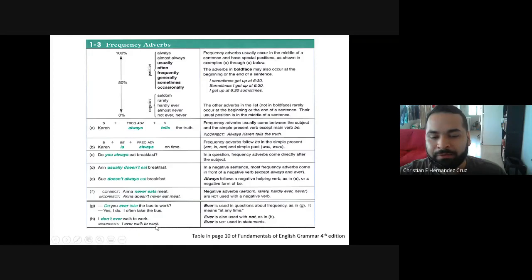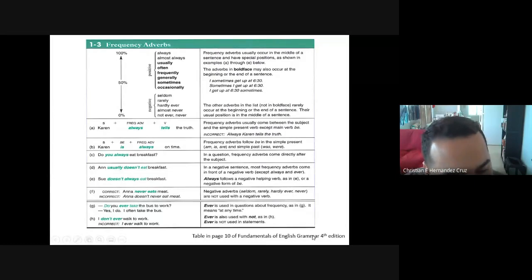Si tiene el negativo, entonces it can function in that sentence. But if it's just by itself positively, it won't be grammatical within positive statements. Pero we're not going to focus on that just yet. Eso está un poquito más tarde. This table, by the way, is in page 10 of your Fundamentals of English Grammar book.